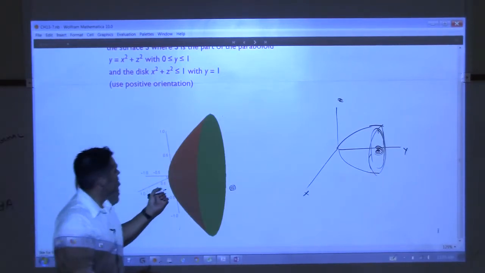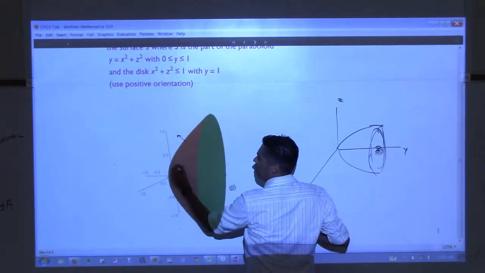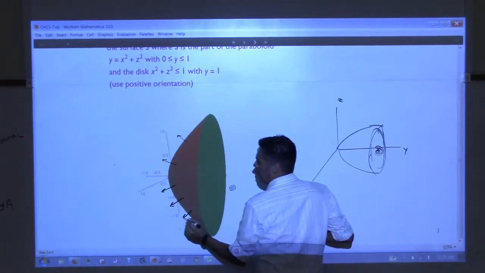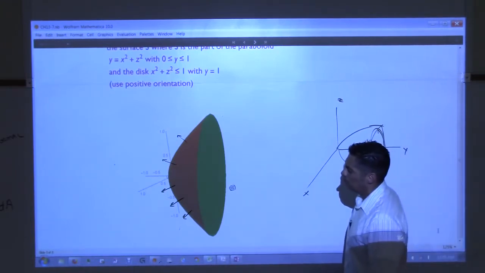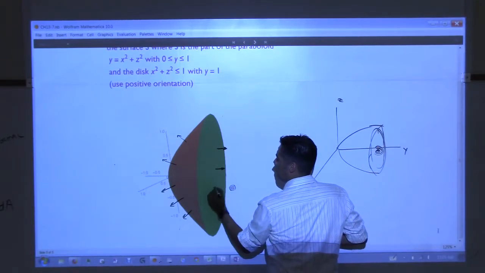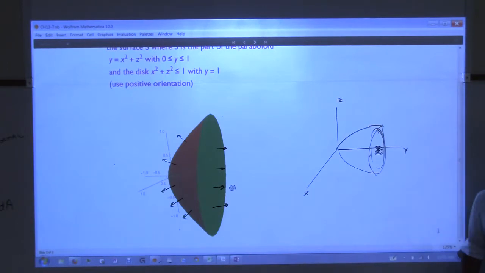So our normal vectors on this paraboloid on the back will be pointing like this, and on the green surface, they'll be pointing to the right. All right, that's positive orientation.